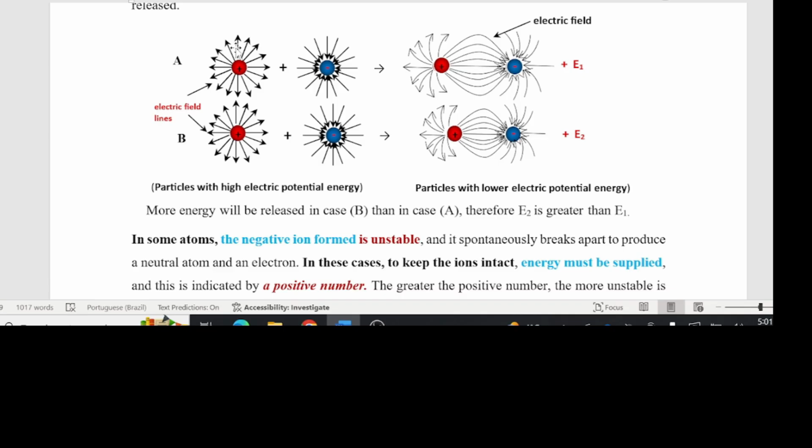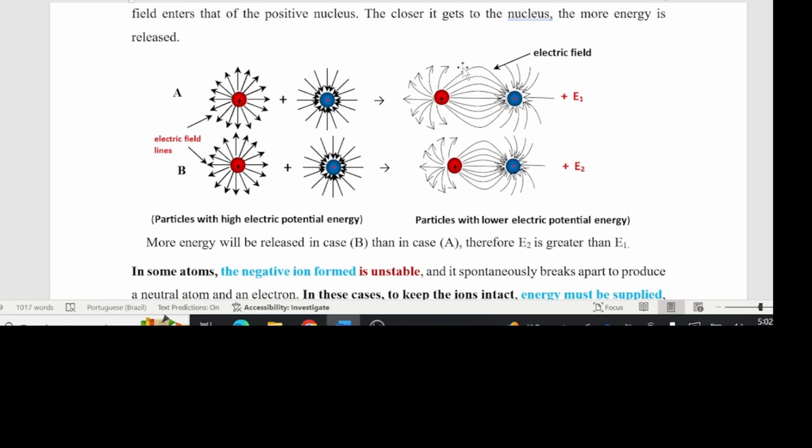Every positive charge has electric field lines moving away from it, and the negative ones have lines coming into them. So when a positive charge is in the vicinity of a negative charge, these electric field lines will overlap, they will link, and that will create an attractive force between these 2 charges. Now, when these 2 charges come closer together, energy is released. In this case, we'll call this E1.